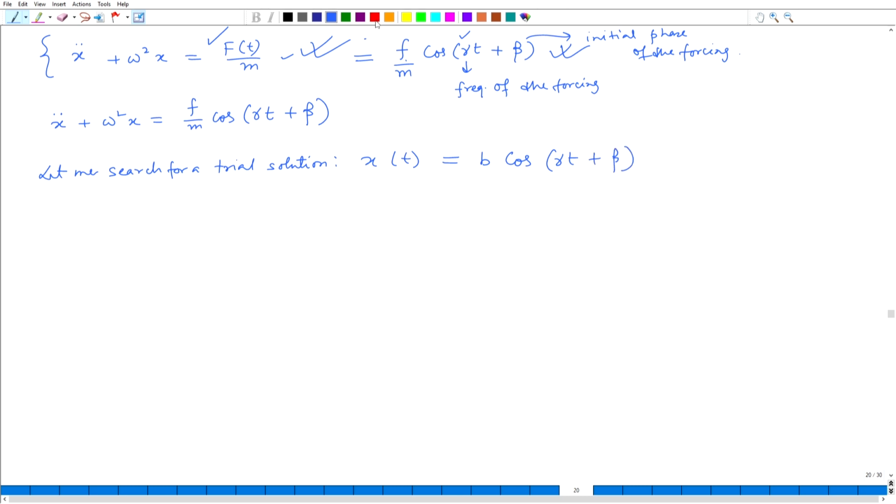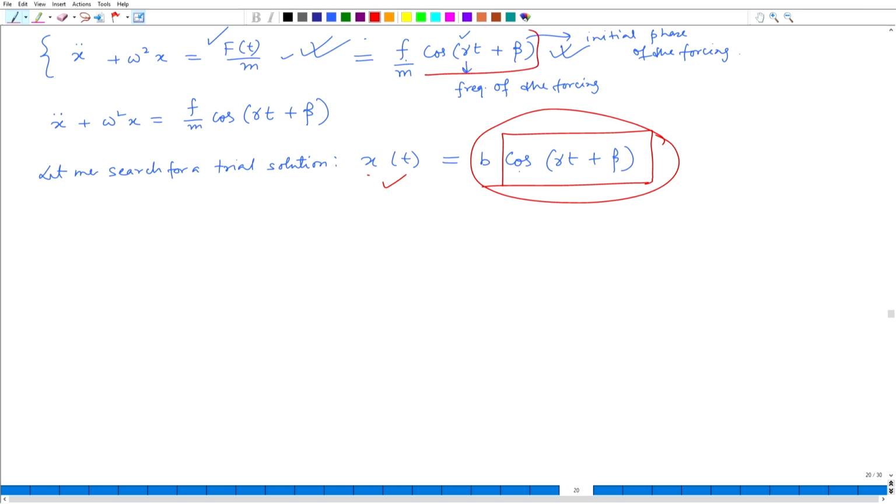You see, that is very interesting: I am taking a trial solution in which the displacement and the forcing term have the same phase term. This cos(gamma t plus beta) term, they are identical.